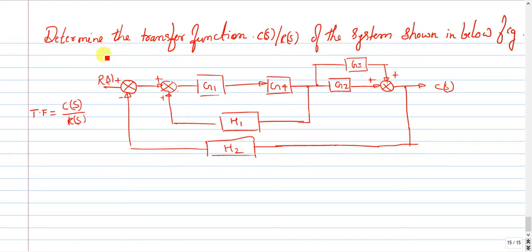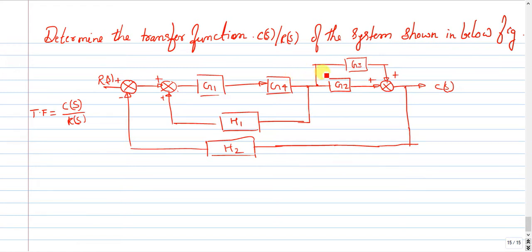If you find any blocks in parallel, you should add them. So first identify such cases. In this block diagram, I could see that the block G1 and the block G4, these two blocks are in series, and we have 2 more blocks which are in parallel.